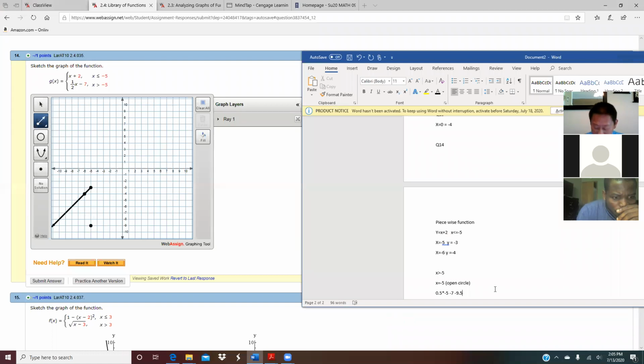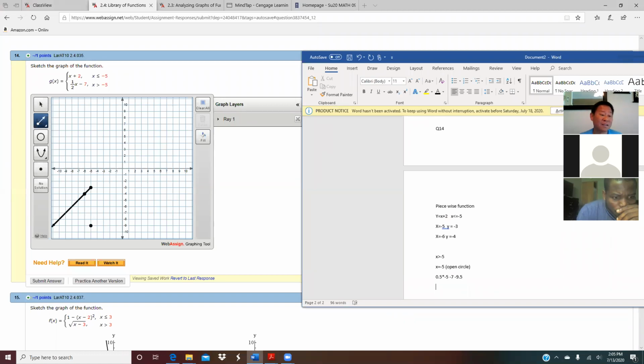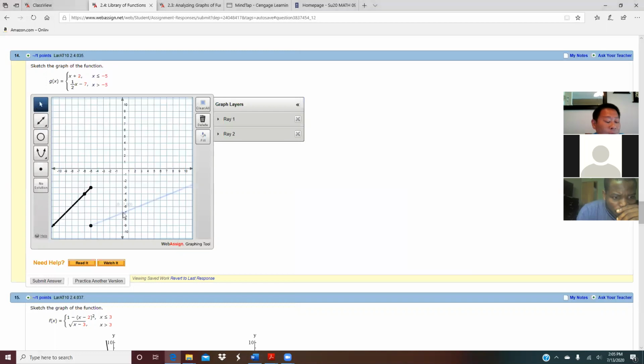And then now we will pick another point. We don't pick -5. Let's put 0, because 0 is greater than -5 and 0 is easy because of the fractions you see there. So 0.5 times 0 is 0, minus 7, so at 0 you get -7. So you just click a point here.